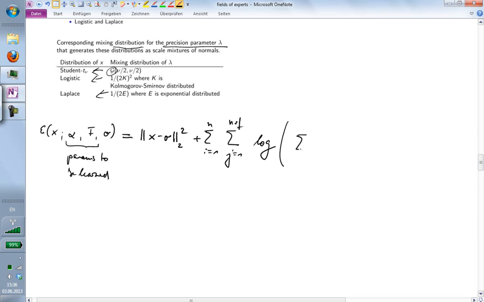And now comes the mixture of Gaussians. I'm writing NRS for number of scales, because each Gaussian has a different scale. Those are the weighting coefficients. So the j-th filter is constructed out of a sum, weighted by alpha_jk, of different Gaussians, which come now.